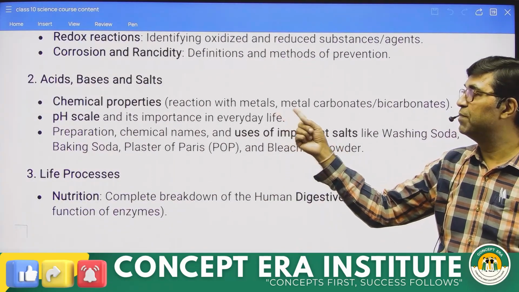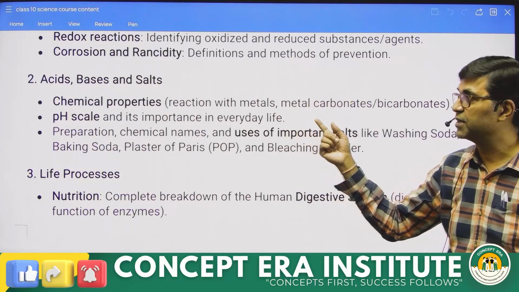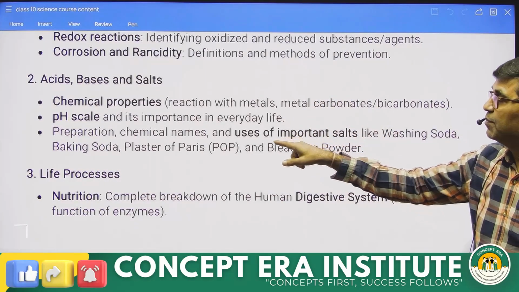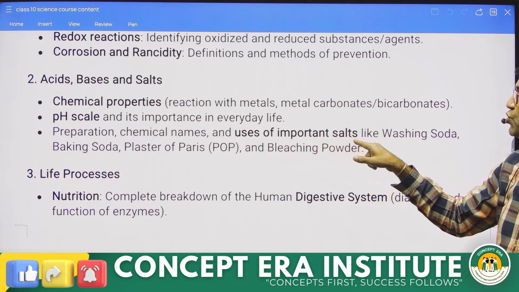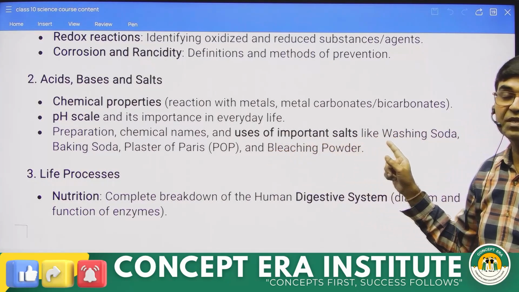Chemical properties of metals with metal carbonates, acids, oxygen, water. Preparation of chemical masses, use of important salts like washing soda, baking soda, plaster of Paris, and bleaching powder.